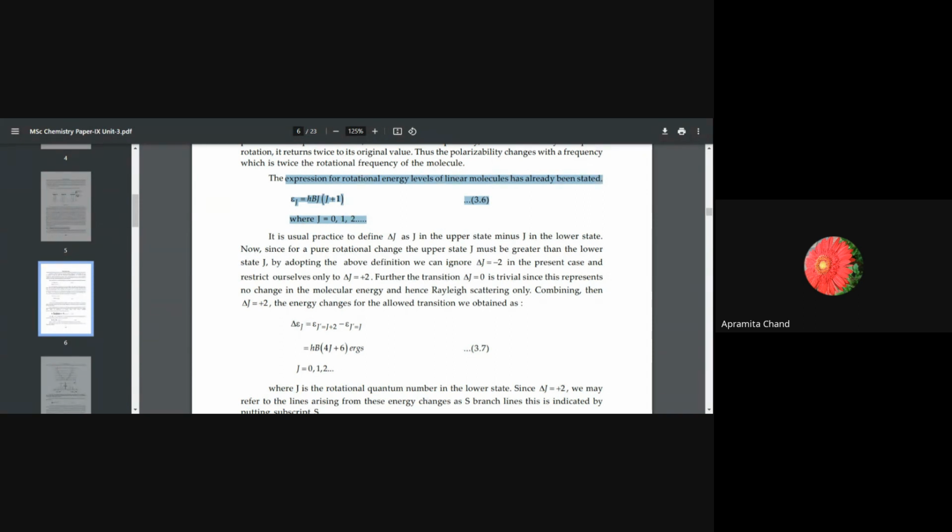Delta Ej is equal to Ej for J plus 2 minus Ej for J. So just work out whether you're getting delta Ej is equal to hB into 4J plus 6.